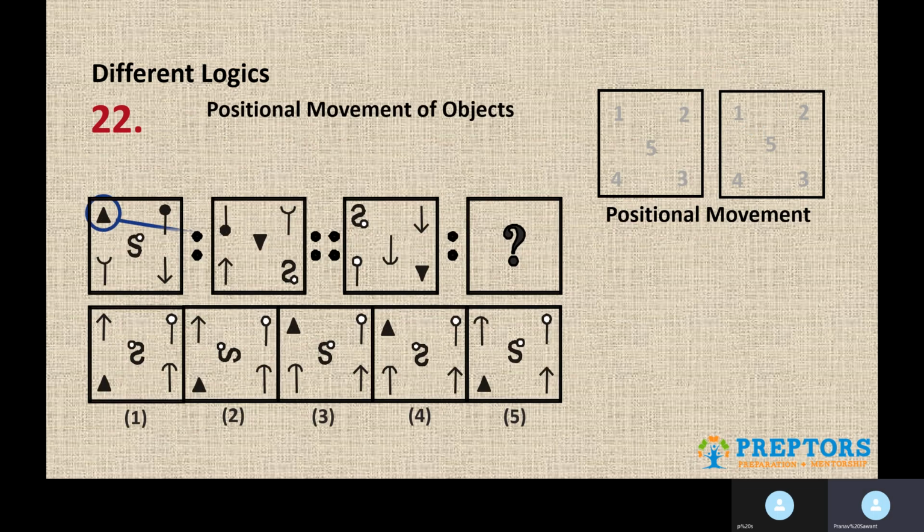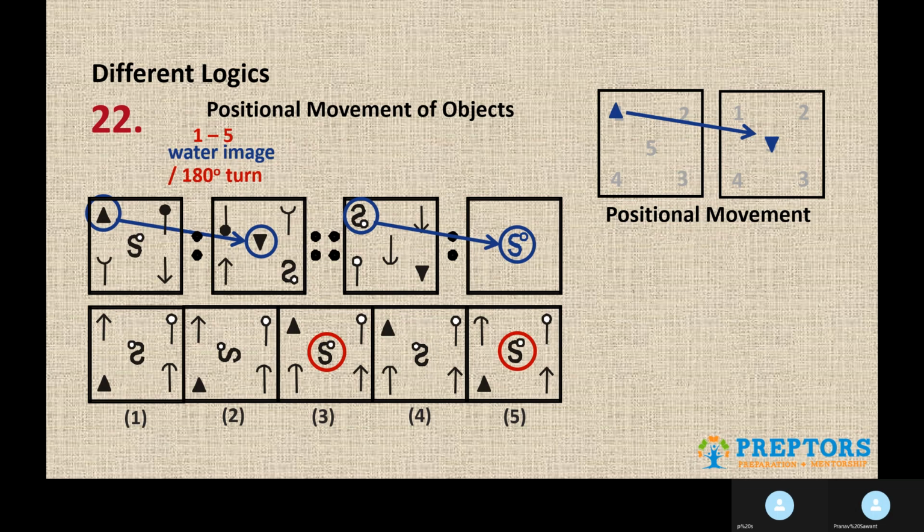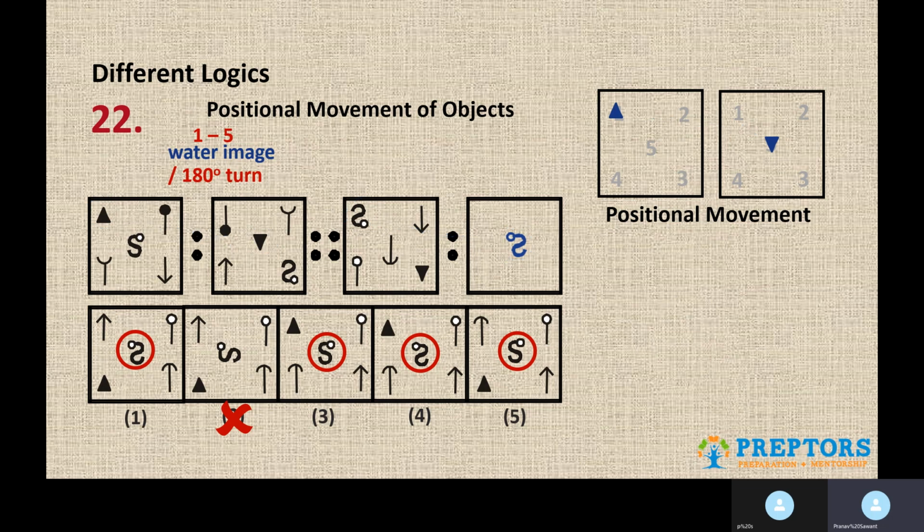Let's see positional movements of the object. So this triangle is inverted and moved to fifth place. So this dollar type sign will also move to fifth place and it will become a water image. Now option 2 is eliminated by the same logic.